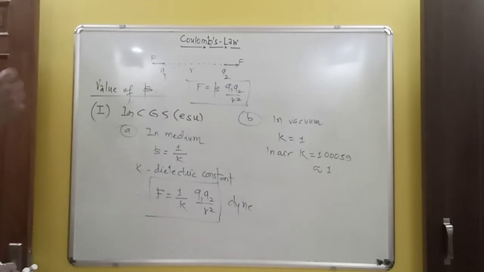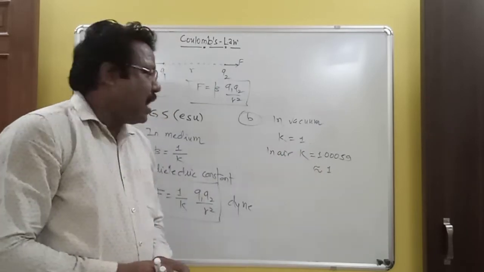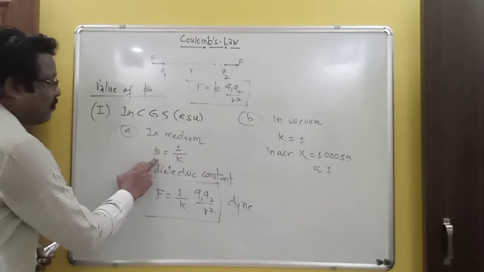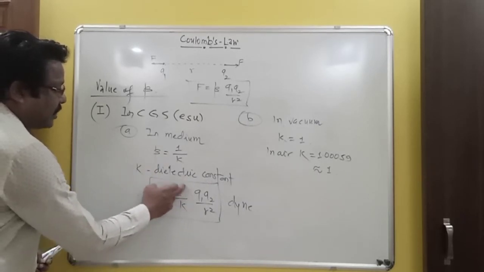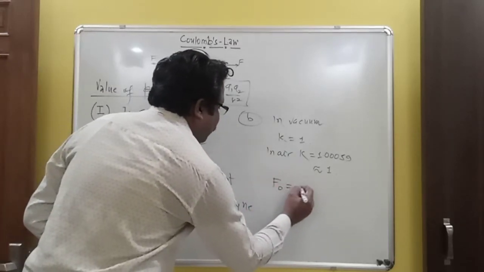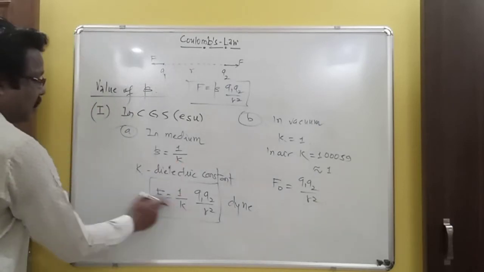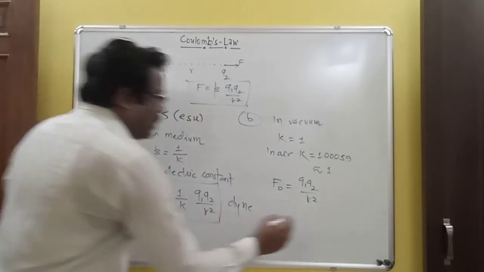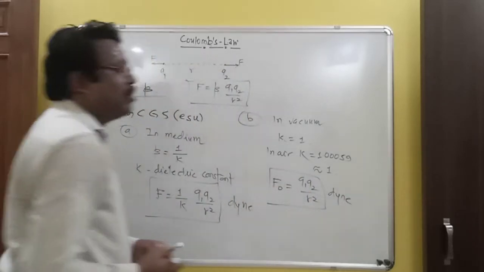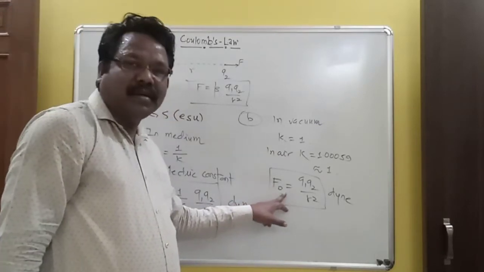So in vacuum or in air, you may take this K as 1. And when this dielectric constant becomes 1, then beta would also become 1, and the force would become F naught equals simply Q1 Q2 by R square dyne. Here we have taken this force as F naught. Why F naught? Because we are observing the force in vacuum.